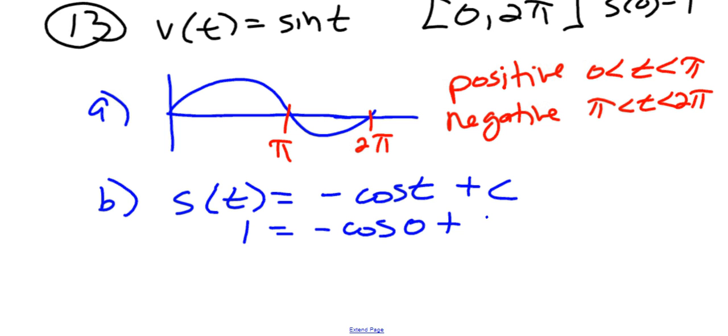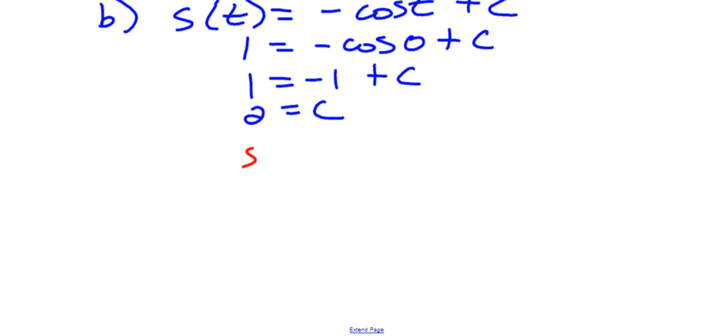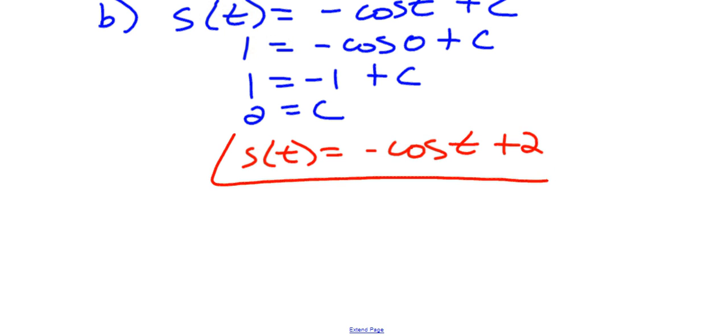Negative cosine of 0 plus c, this is negative 1. C is then 2, and then the position function is negative cosine of t plus 2. And then part C does ask you to graph the position function, which is easy to do.